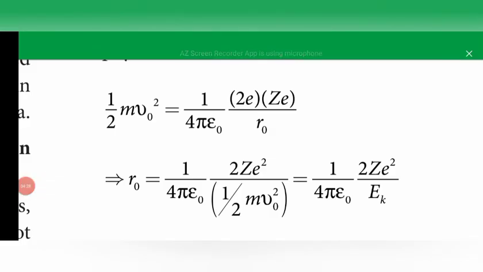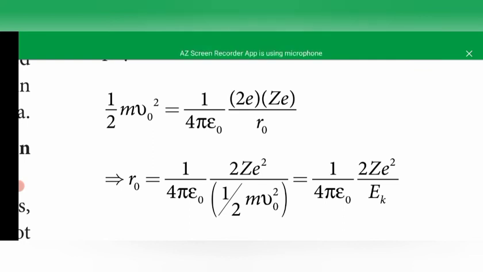Kinetic energy, half mv square, is equal to the potential energy that we already studied in the first lesson. There are two charges. The potential energy between the two charges is 1 by 4 pi epsilon naught q1 q2 by r, where q1 is one charge and q2 is the other charge, here 2e and ze.